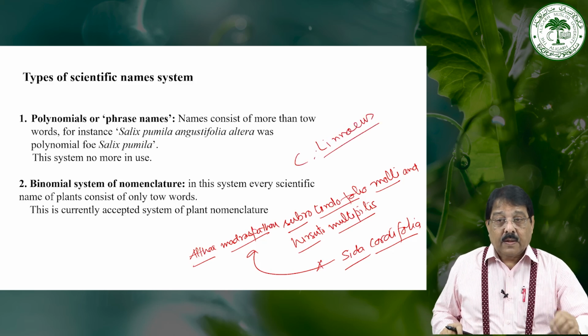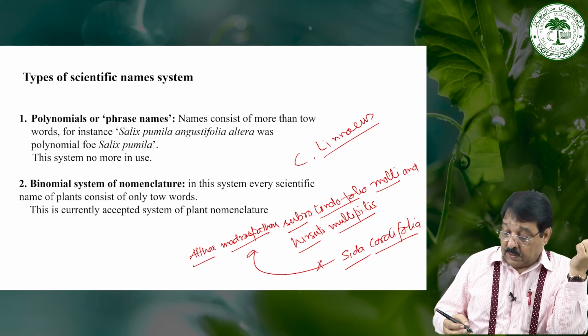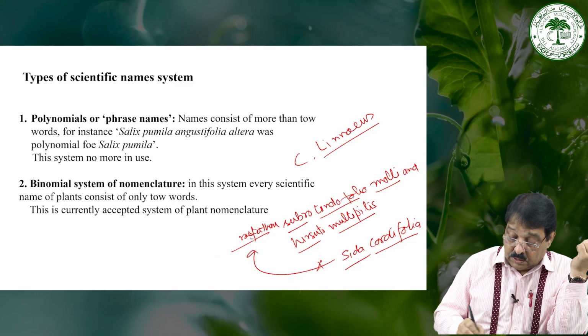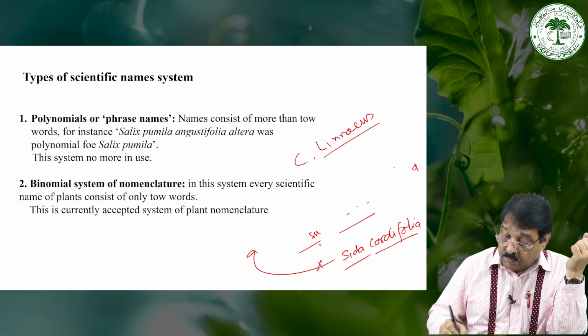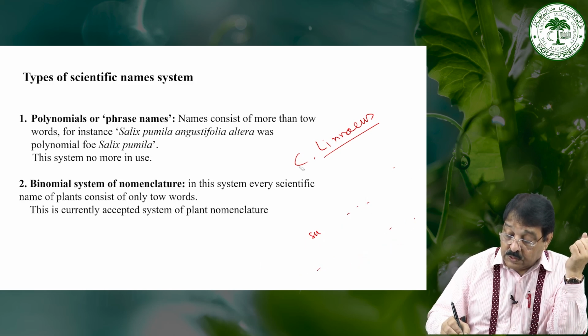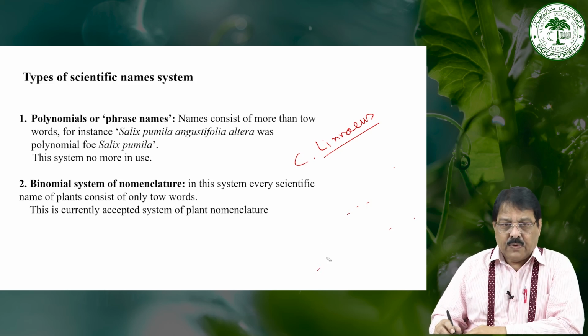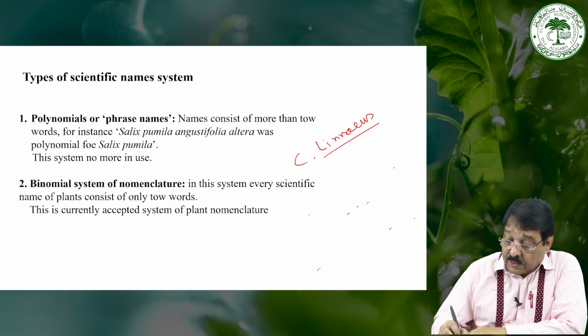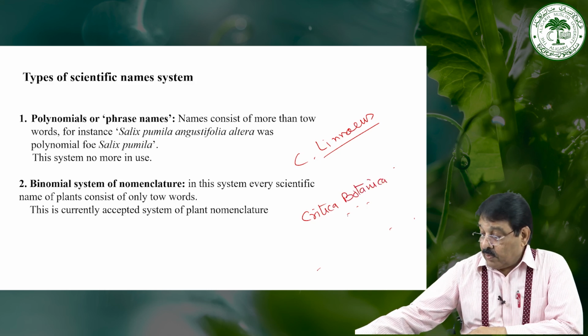Carolus Linnaeus developed almost the complete binomial nomenclature, but a problem still remained because there were no definite rules, though he framed certain rules. He published the first book, Critica Botanica.